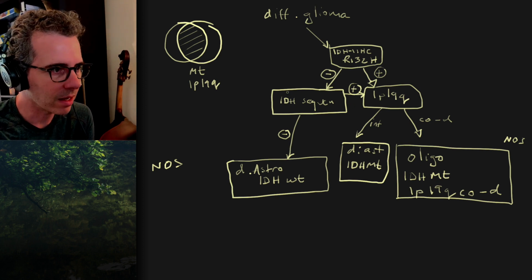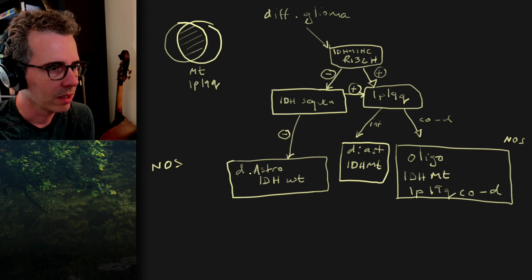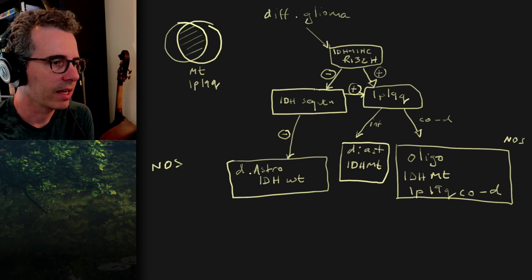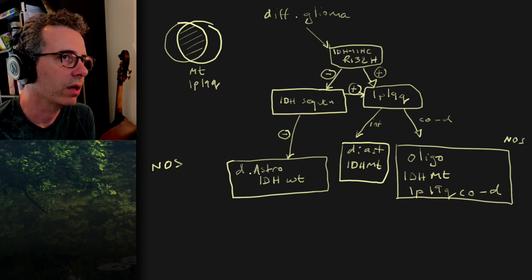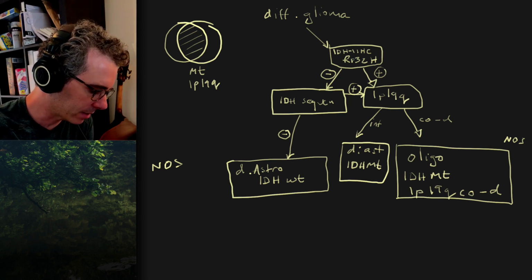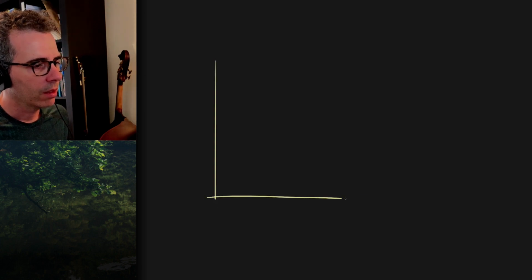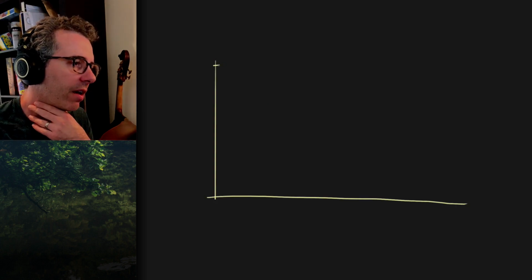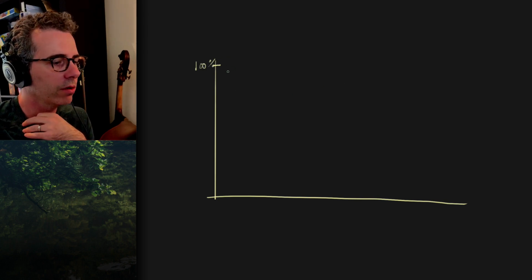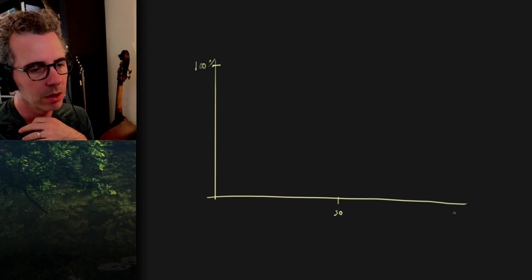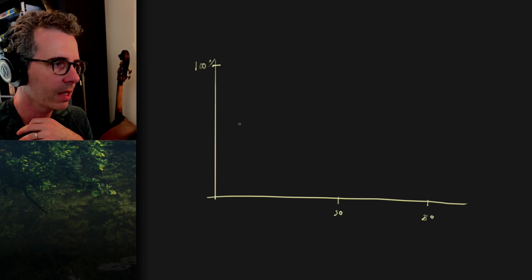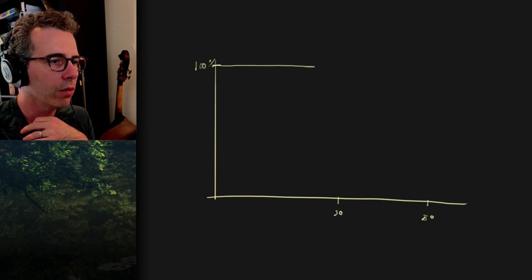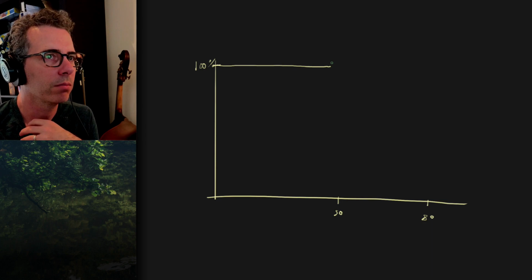Now, just as a last thing to mention, you don't sequence everyone. The reason for that is that the likelihood of IDH1 mutation is very age dependent. If we look at the likelihood of having an IDH1 mutation in a low-grade tumor, at about 50 years of age, and then 80 years of age, until about 50, you're almost certain to have an IDH mutation.